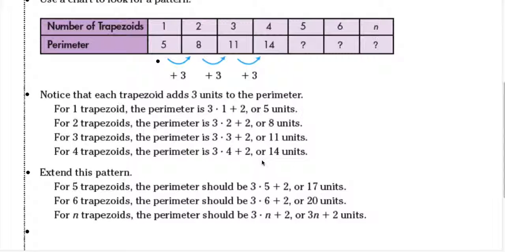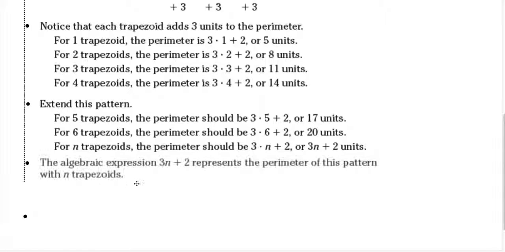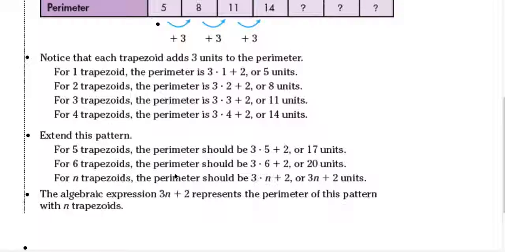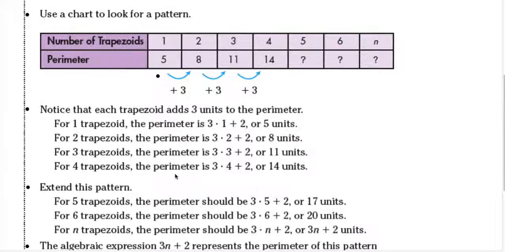So this is what we call inductive reasoning. We are using several examples to create a rule. In this case, the algebraic expression 3n plus 2 represents the perimeter of this pattern with n trapezoids.